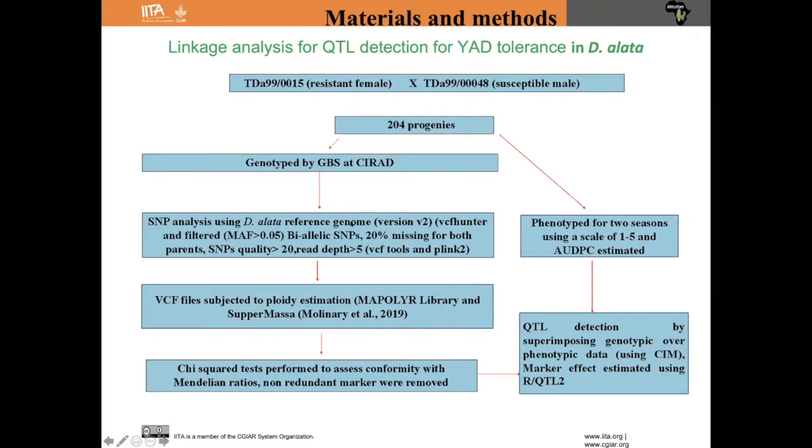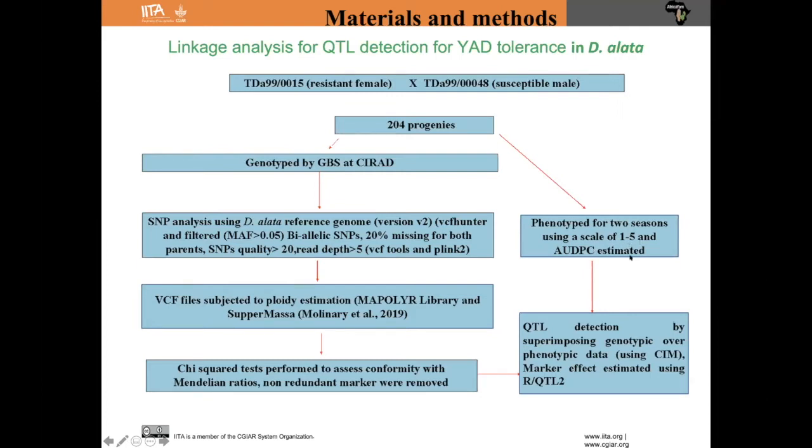Then we proceed for the SNP calling by using VCF Hunter combined with GATK, and we proceed for SNP quality filtering on missing data and read depth. For the phenotypic estimation, we proceed with visual observation ranging from 1 to 4.